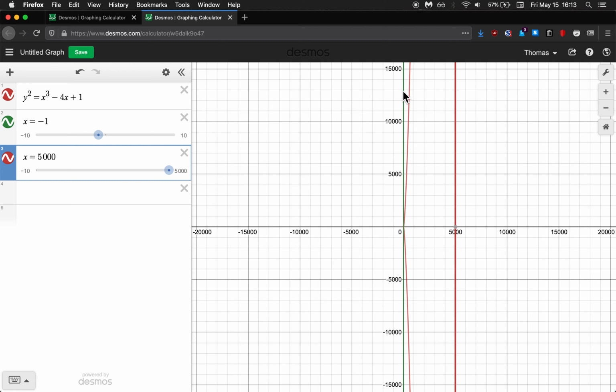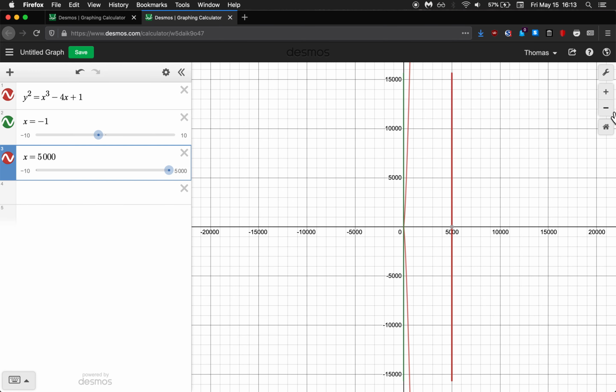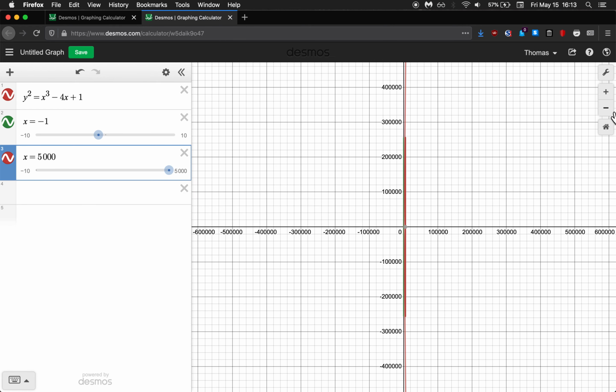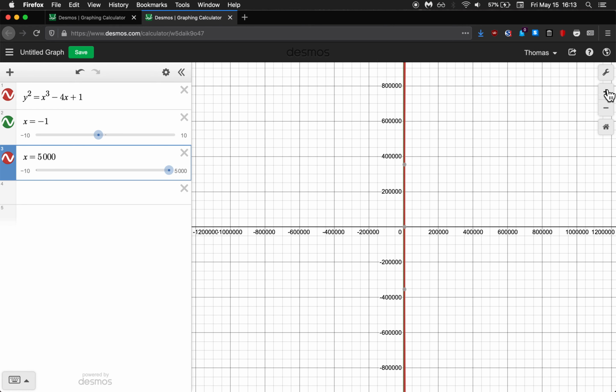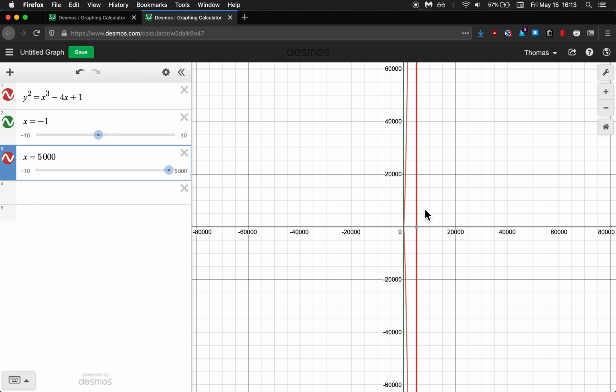And as I was saying before, the green line here and the vertical red line here are going to meet at a point at infinity. That becomes a little bit more obvious as I zoom out. The elliptic curve is eventually going to pass this line. It'll have to, because I can just pick x coordinate 5,000, figure out what y coordinate that gives me.